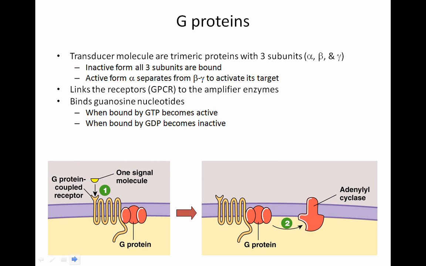In our example, what we're going to be looking at, after it binds to and cleaves the GTP, the energy phosphate group, it becomes inactive. And when it's inactive, it's no longer happy, so it goes back and joins up with the beta and gamma subunits. So it turns itself off after it activates the cyclase. So bind, activate, activates something new.